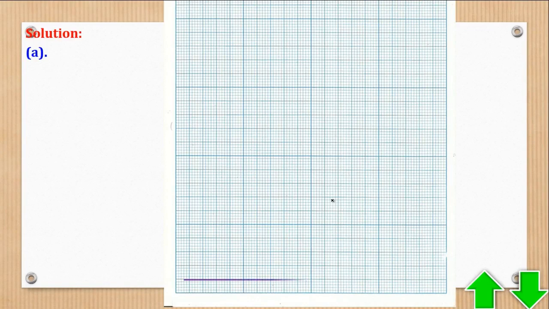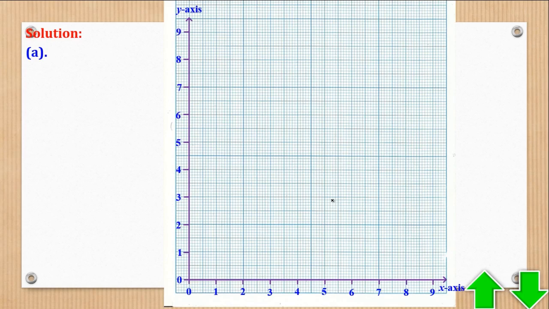Draw the axes, horizontal, which is the x-axis, and the vertical, which is the y-axis. Then get the scale for the horizontal and put the values. Do the same for the vertical and put the values. Then we shall start our plotting.